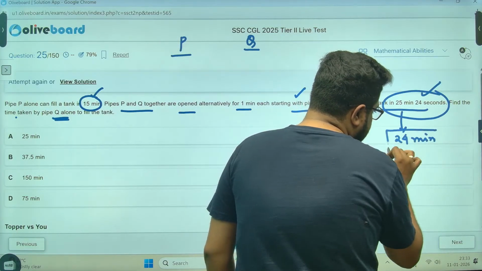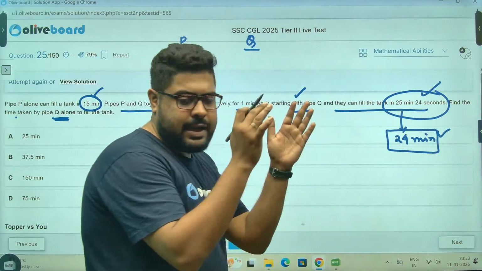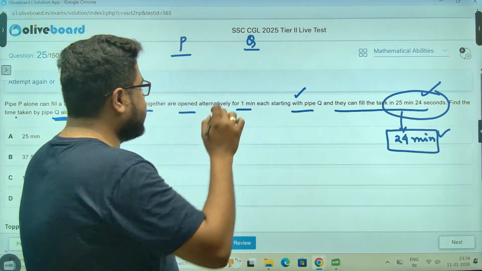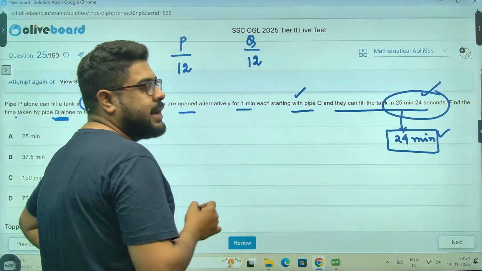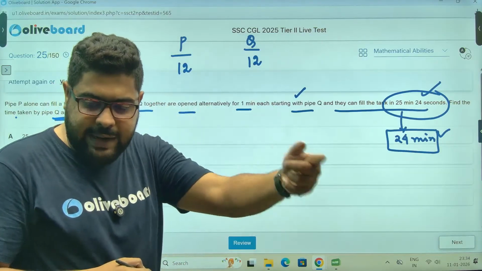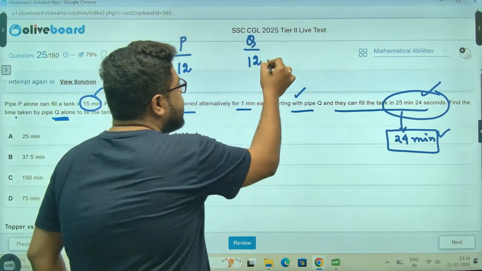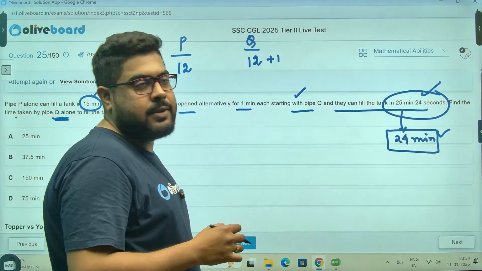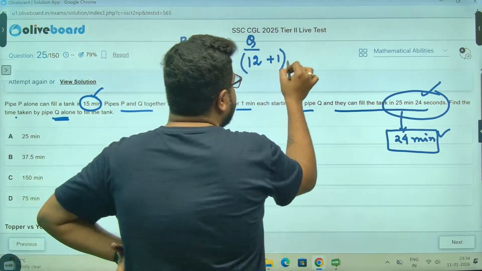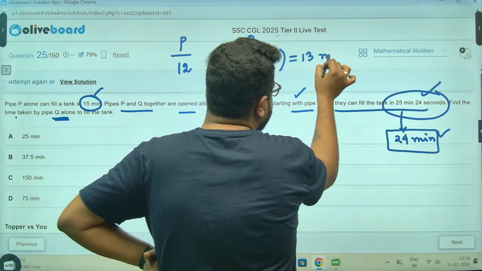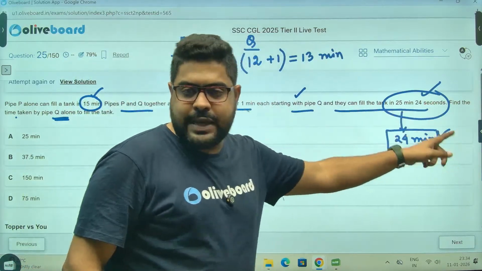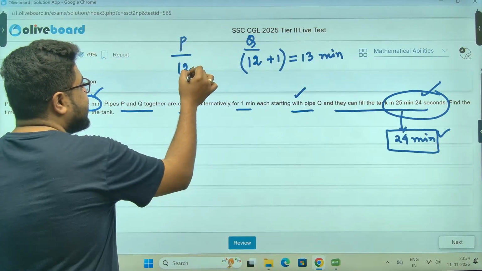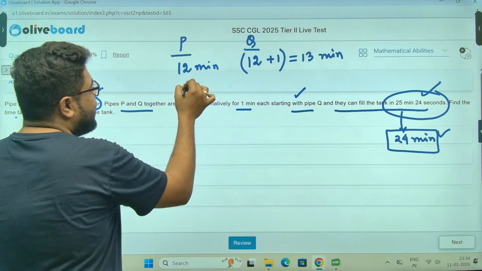So when 24 minutes have passed, by then Q was open for 12 minutes, P was also open for 12 minutes. Now the 25th minute, who will be opened? Sir, Q will be opened. So Q was opened for 13 minutes, sir. And after that 1 minute is over, the last 24 seconds, who will be opened? Sir, P will be opened, sir.